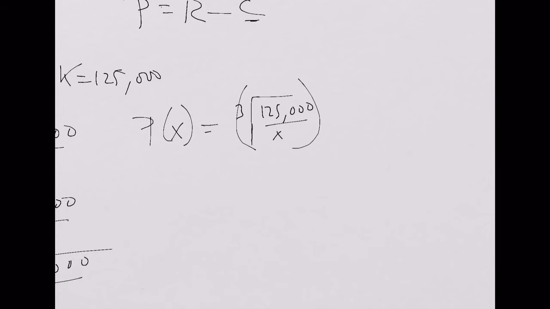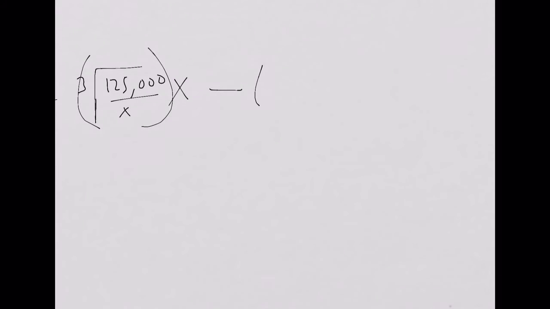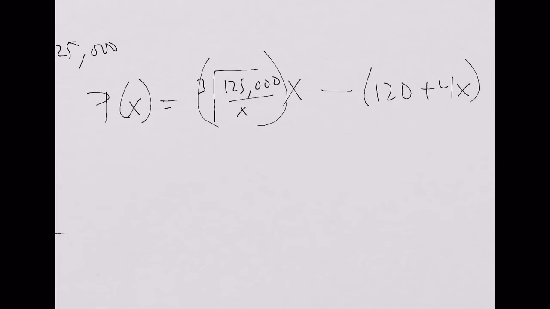So that's my price times quantity x, subtracting my cost equation that they gave us, 120 plus 4x. So this is going to find the x that maximizes profit. So this is what we'd want to put into Desmos and find where that maximum occurs, because we're maximizing profit.